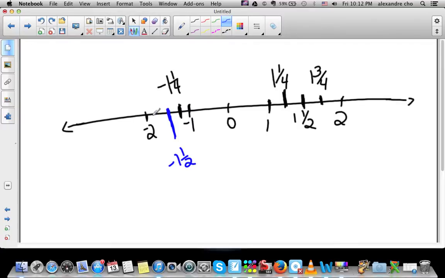Anything on the left side will be less. So let's use that example that we used on the other side and pick a fraction, that one. Something that's between -1.5 and -2. So I would call that -1 3/4. Okay, so you have to be very careful here with the word less.